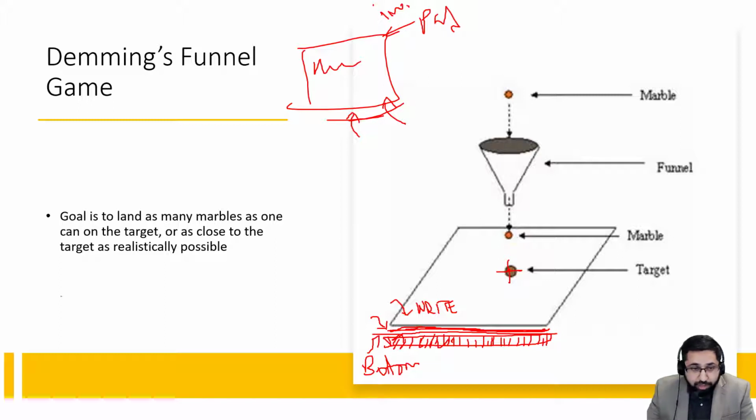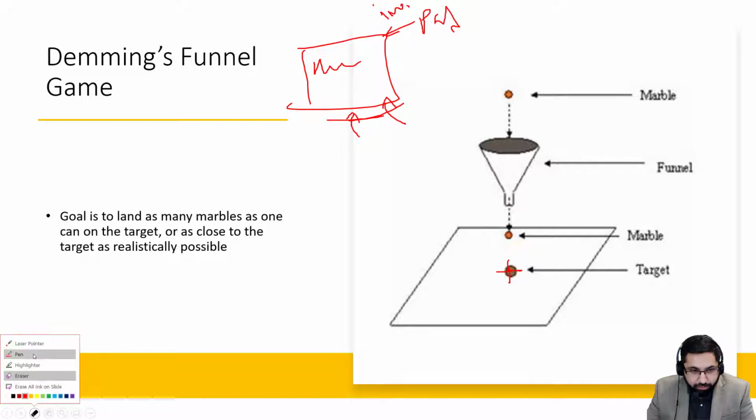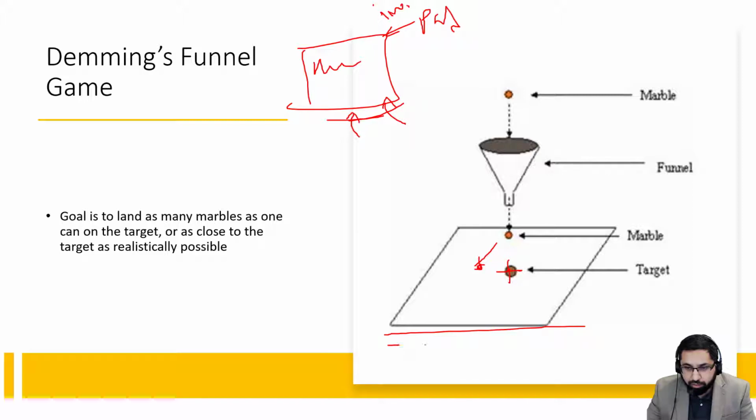So Deming wanted to use this setup because what he wanted to do was capture exactly where the marbles fall out of the funnel and land on the paper. We want to capture by a dot where the marble hits the paper. So they would take this sheet of paper, put a carbon copy sheet underneath it, and put a bottom sheet.